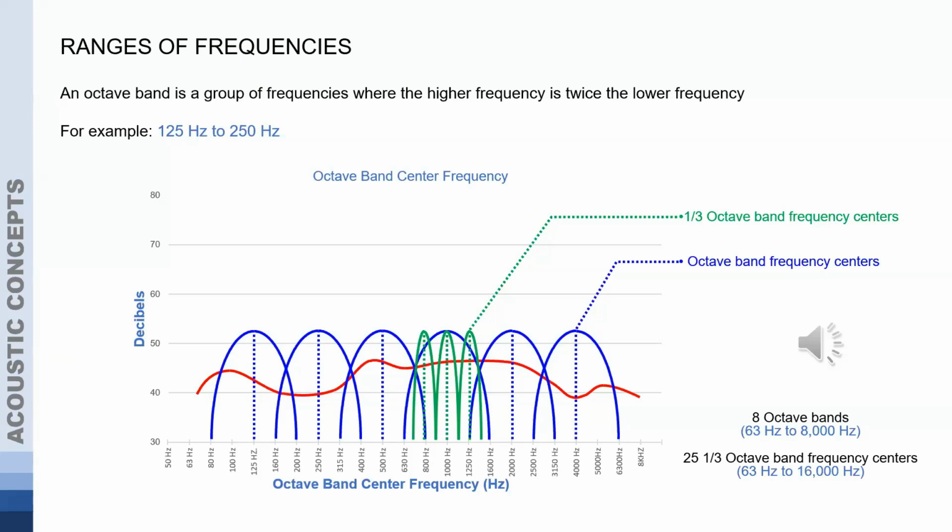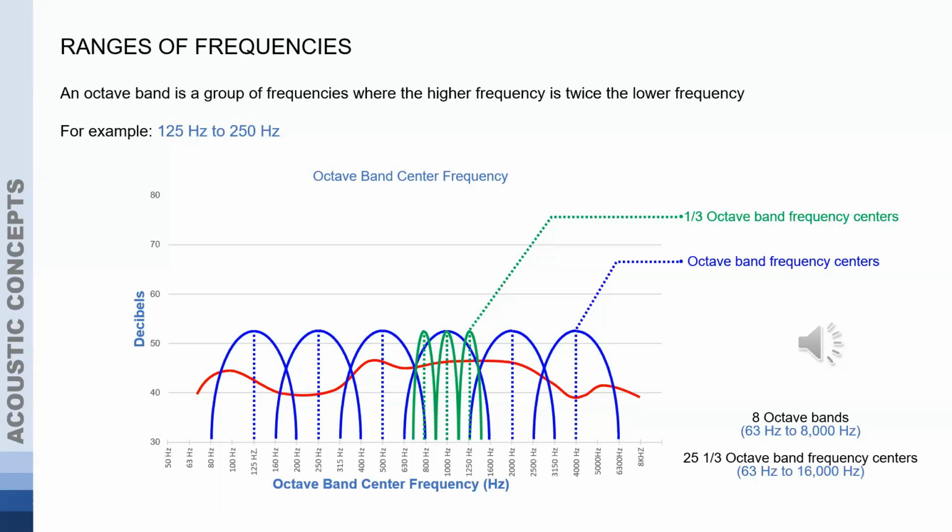Now, what is shown here in the table is just a quick example showing the octave band center frequencies, and then each of those octave bands is broken down into third octave bands. We typically have about 8 octave bands that are the main focus in architectural acoustics.